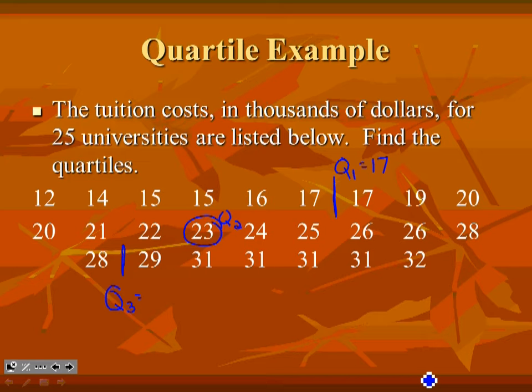And what is our Q3? Questions about finding the quartile?